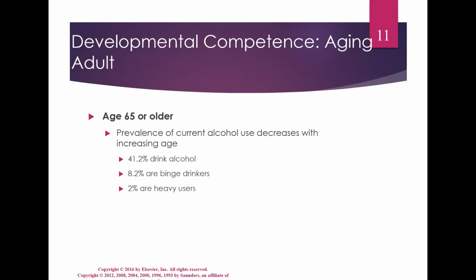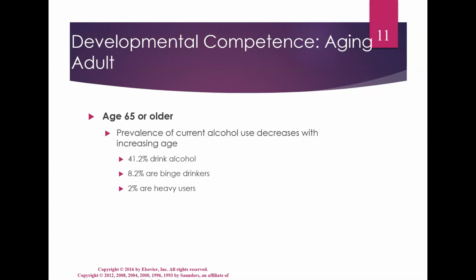41.2% drink alcohol, 8.2% are binge drinkers, and 2% are what they call heavy users as they get older in life. So the percentage may be decreasing, but older adults tend to have an increased risk when they use alcohol because liver metabolism and kidney function in older people decrease, which increases the level of alcohol in their blood for a longer period of time.